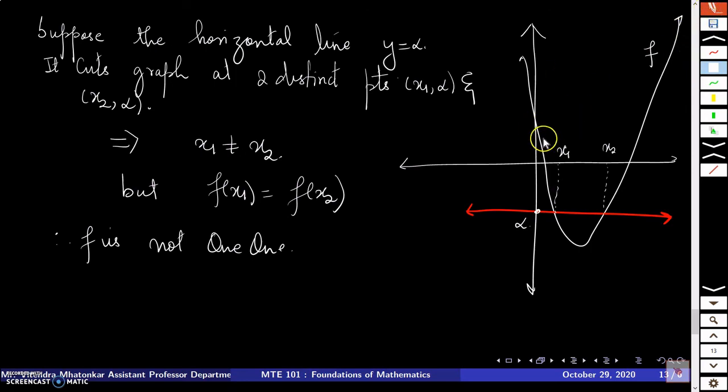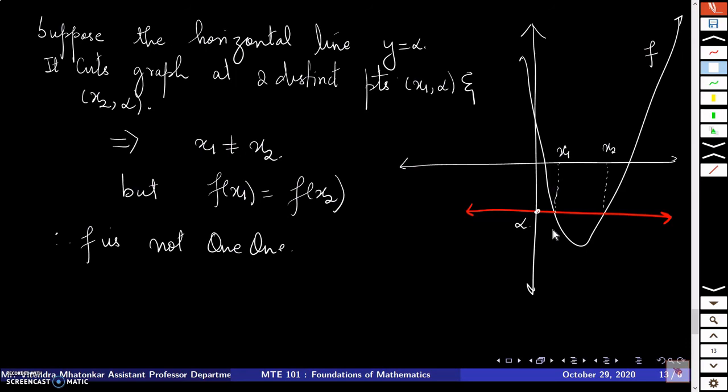If you have a function and there is a horizontal line which touches the graph at more than 1 point, then the function is not 1-1. So for a function to be 1-1, what should happen?